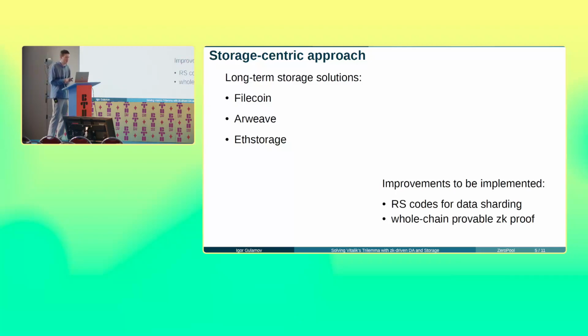The next thing is whole-chain provable ZK proof. It's possible, as shown by the Mina blockchain, that we can do a lot of state transitions, consensus-related things, and so on, and compress all of this into one single proof.